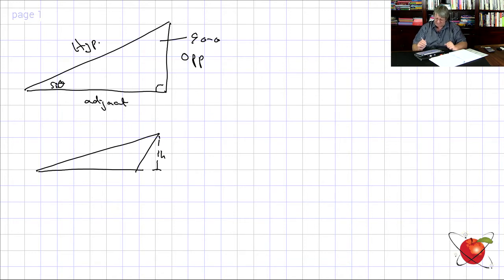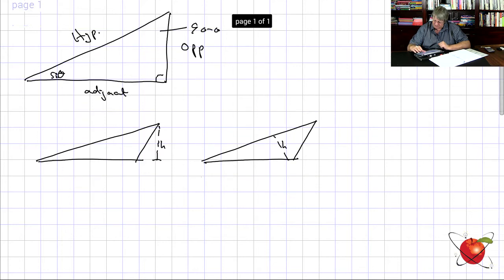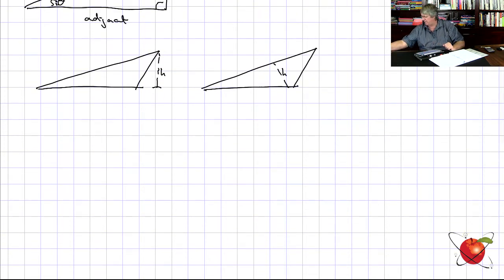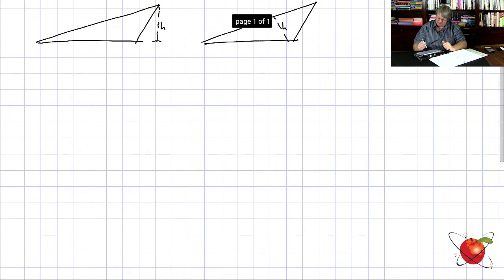The perpendicular H like that, or it could have been given in this form, H perpendicular like that for the height. Now, we're going to see that the 90-degree triangle is going to become a very special case.